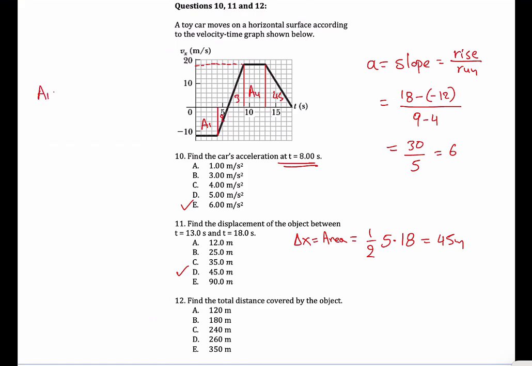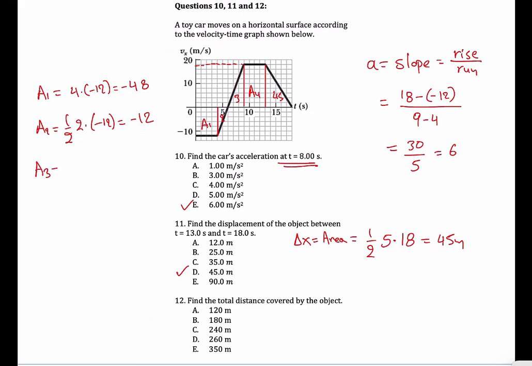Let's start with the area 1, that is length times width, so it is 4 times 12, or actually 4 times negative 12, so minus 48. The area 2, that is a small triangle with base 2 and a height of negative 12.